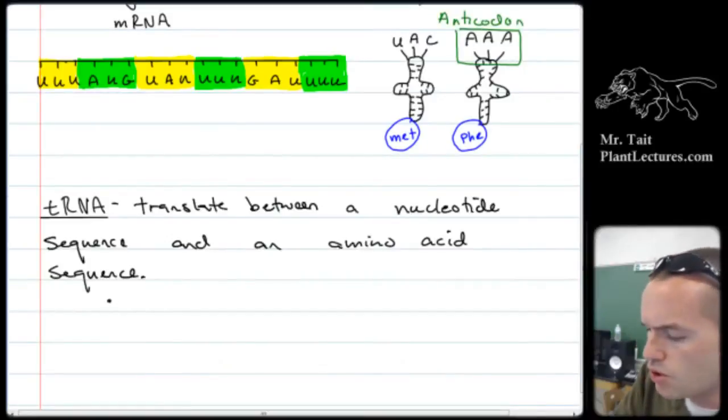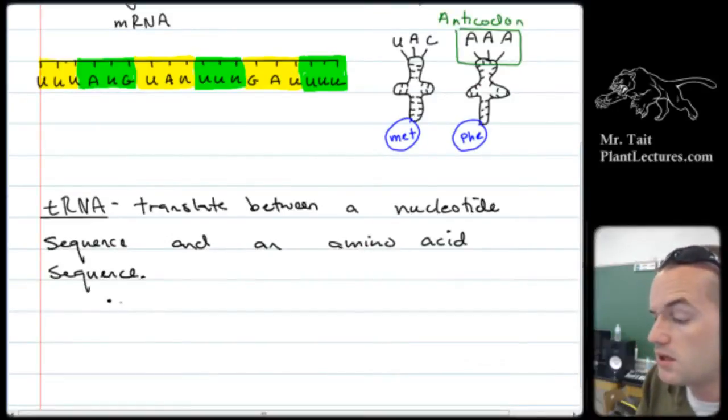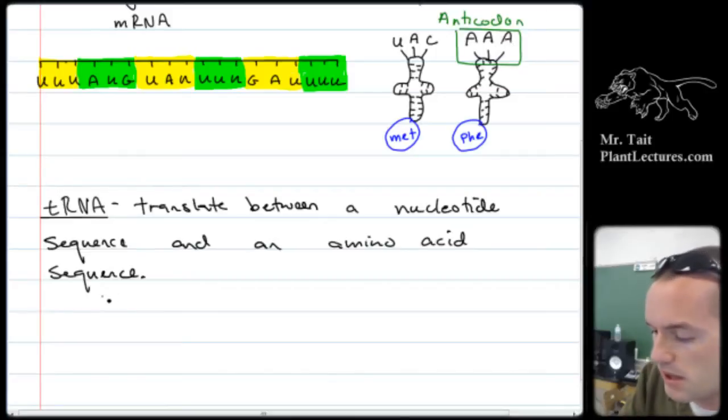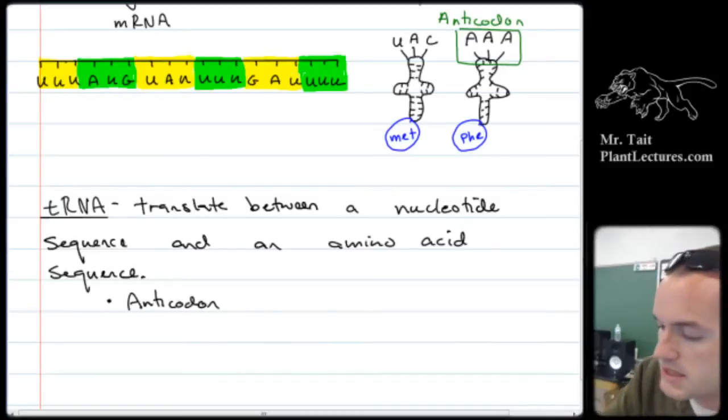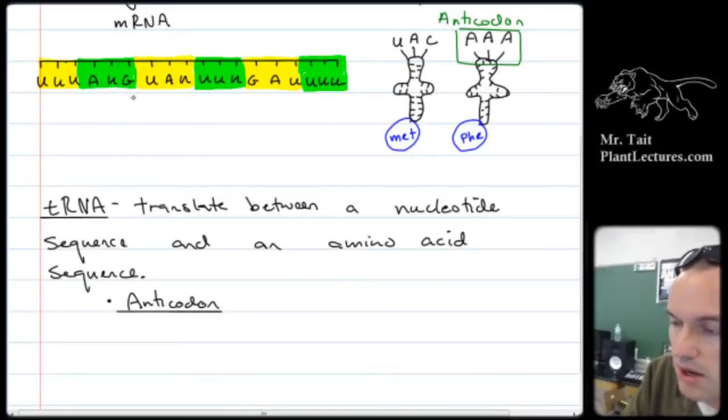Okay, so how does it do that? It's got this anticodon thing. On one side there's an anticodon. And the anticodon is the complementary base pairs that correspond to the codon on the mRNA.